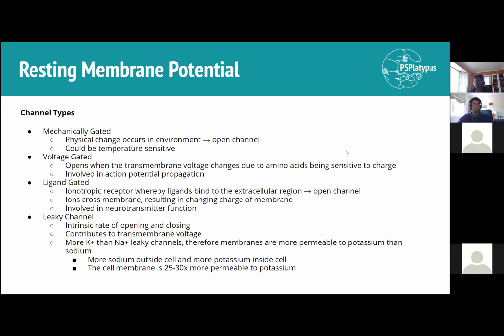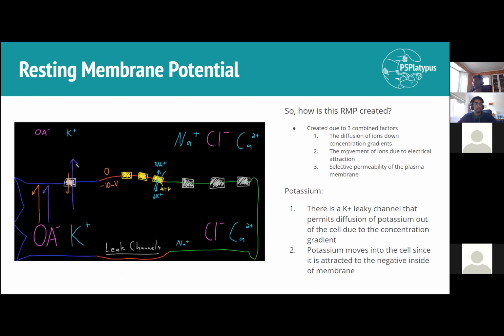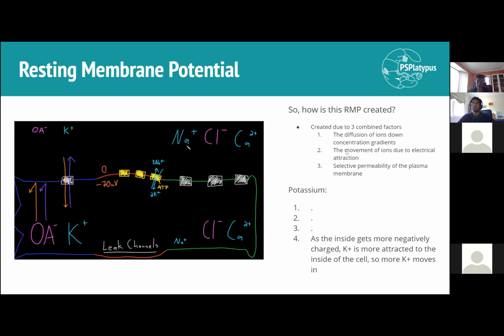Okay, is the electric potential caused by both anions and the potassium leaving the cell, or just the potassium leaving the cell? The electrical potential that's finally produced is going to be a combination of the rearrangement of all of these ions. Right now we've only talked about potassium and how it eventually reaches its equilibrium potential because of a chemical gradient and an electrical gradient, and that reaches negative 70.